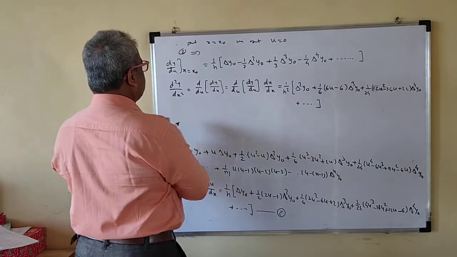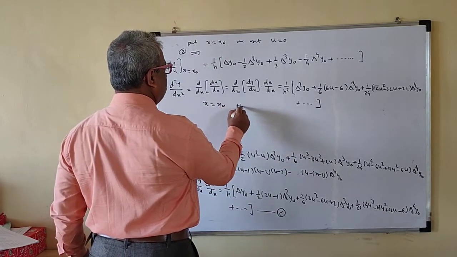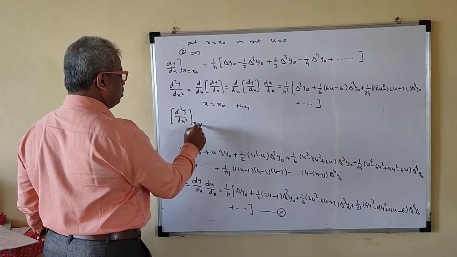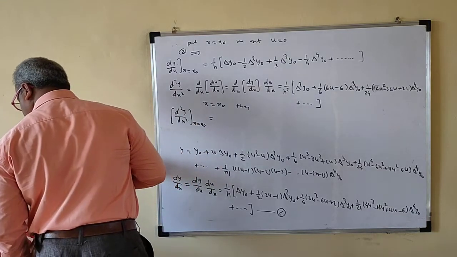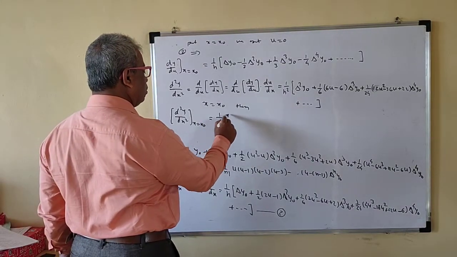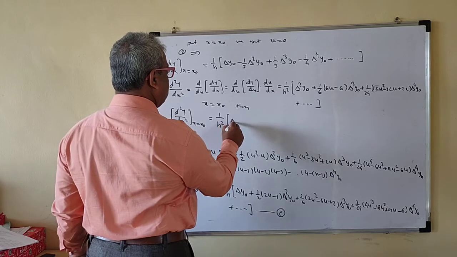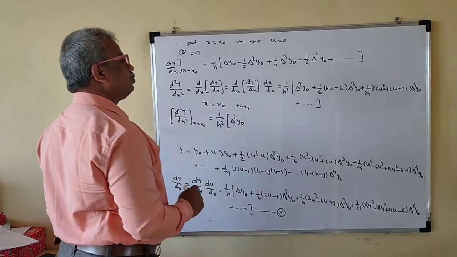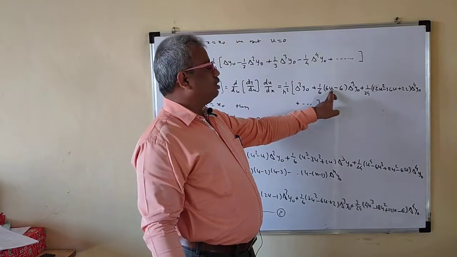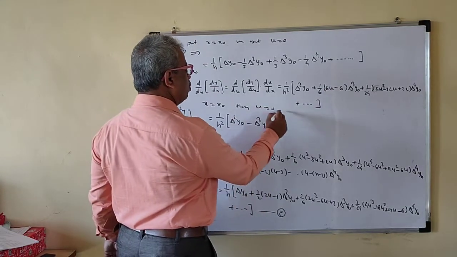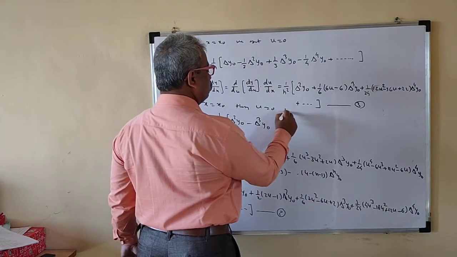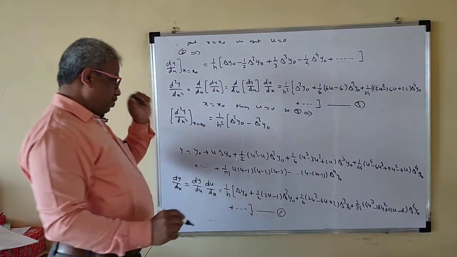You have to put x is equal to x naught, then d2y by dx square at x is equal to x naught is 1 upon h square, del square y naught minus del cube y naught, because u is 0, put u is equal to 0. I'll call this as 3.